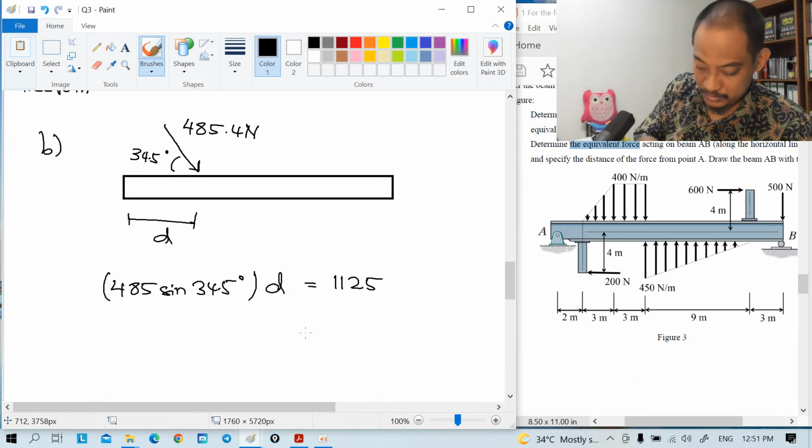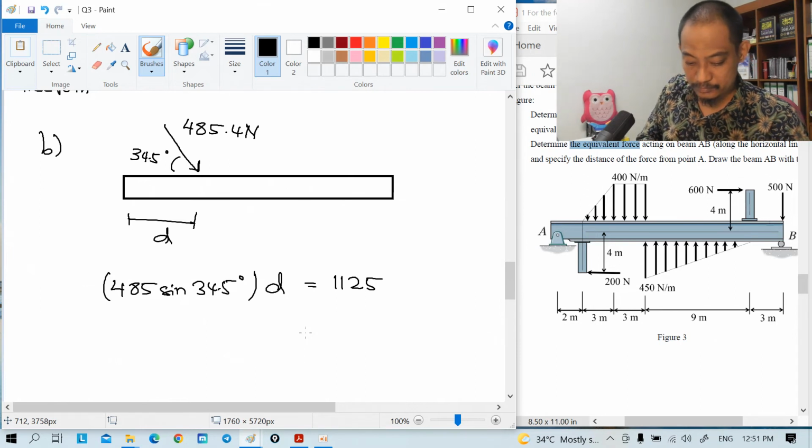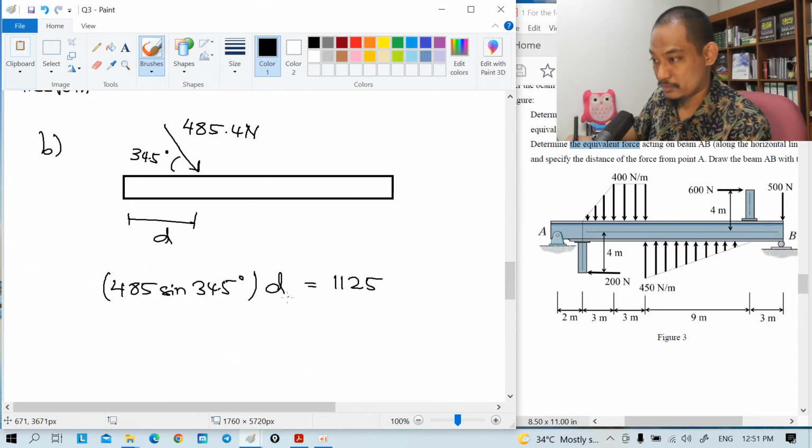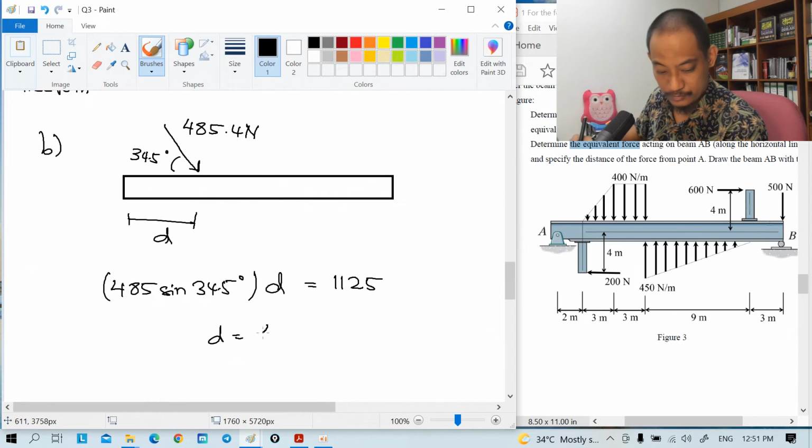So meaning that D is 1125 divided by 485 sine 34.5. So D equal to 4.095 meter.